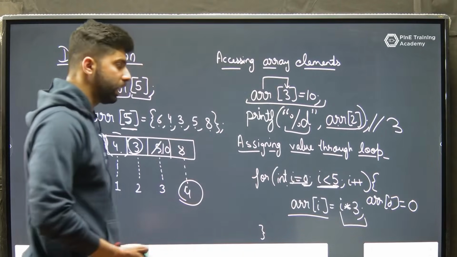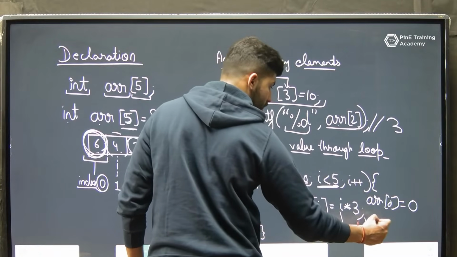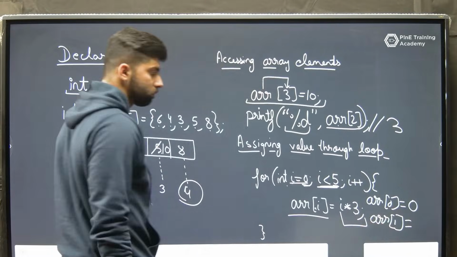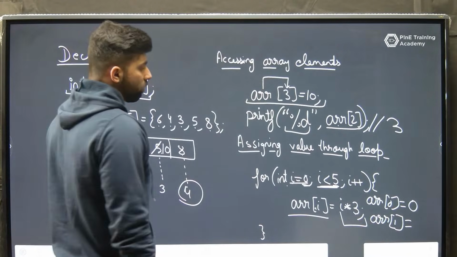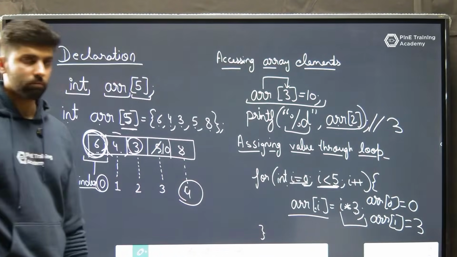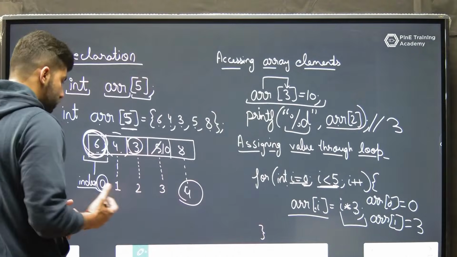So on the 0th index, we will assign 0. When i becomes 1, we will assign 1 multiplied by 3, which is 3. This is how we can assign values in an array.